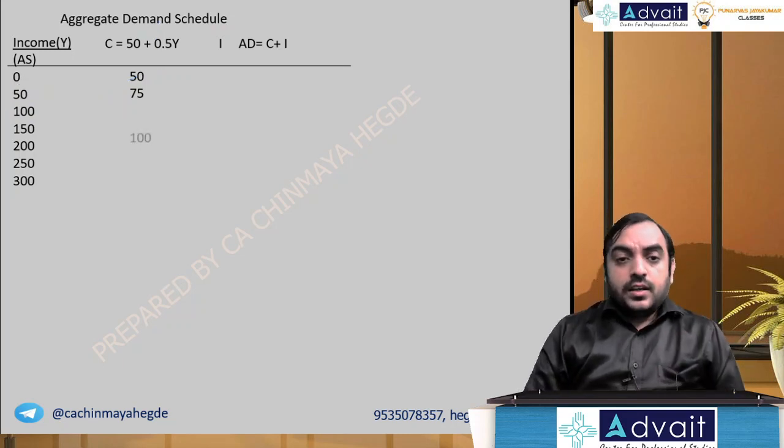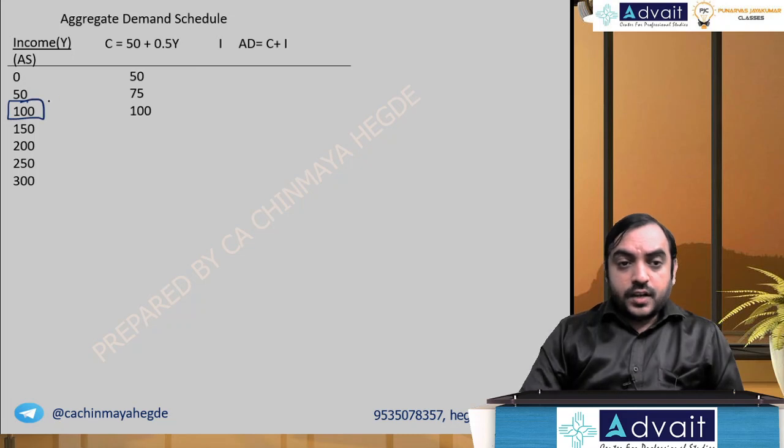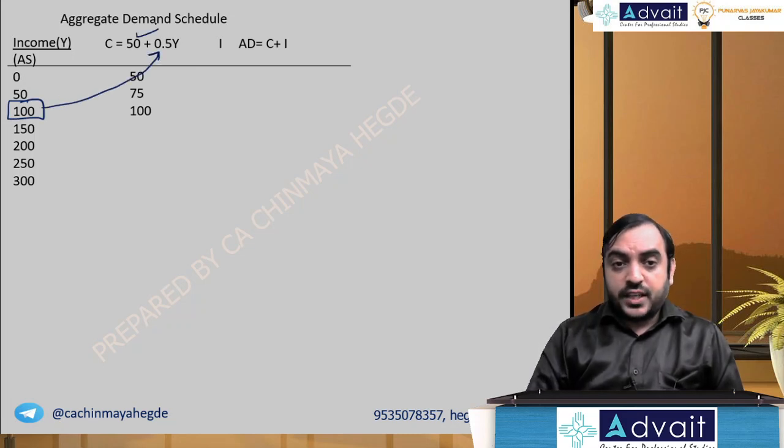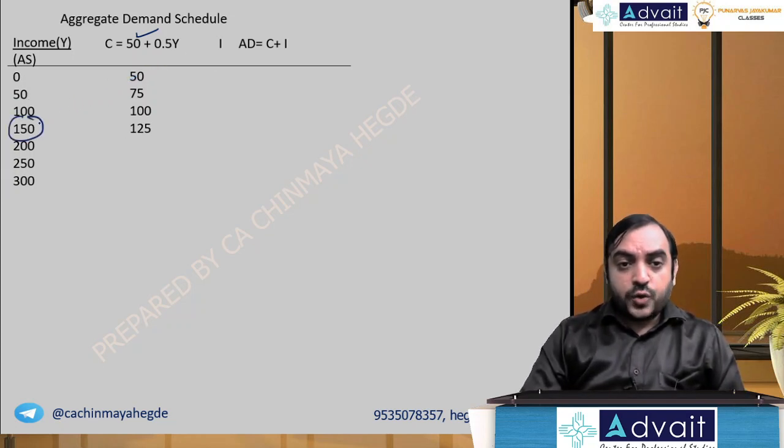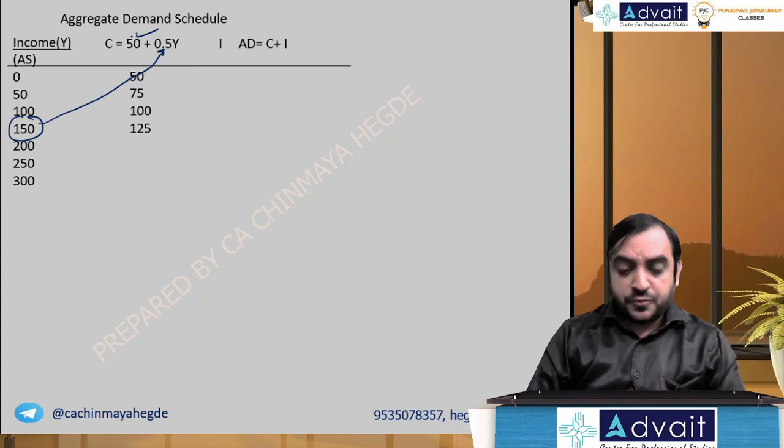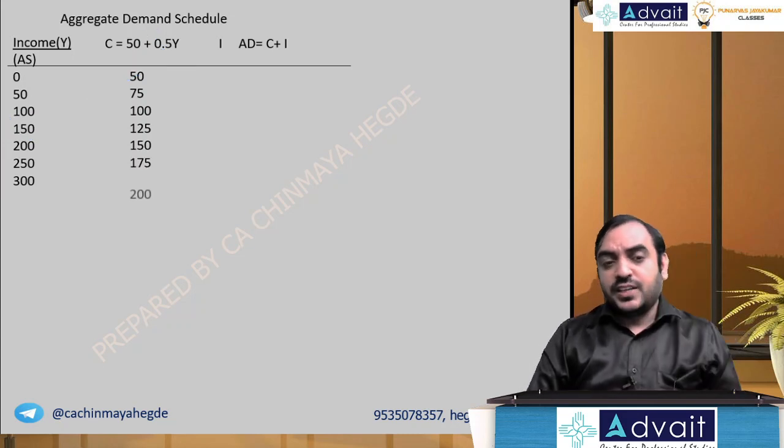Similarly, 100 into 0.5 is 50, 50 plus 50 is 100. Then 150 into 0.5 is 75, and 75 plus 50 is 125. Like that, we'll complete the table.